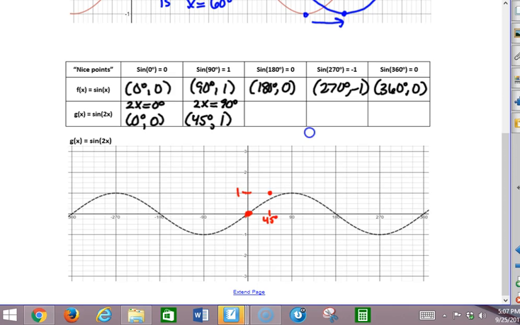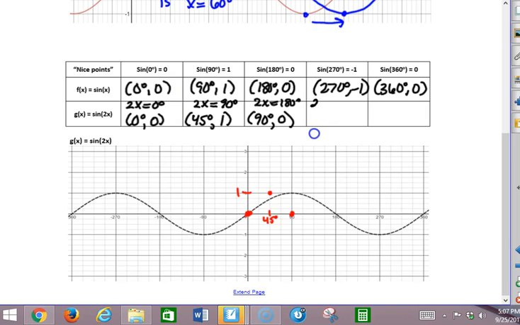So here's 1 right here. Now I need 2x to equal 180, so I need x to equal 90. So when I put 90 into this function, I have sine of 2 times 90, which is sine of 180, which is 0. So my point 90, 0 is on the graph.